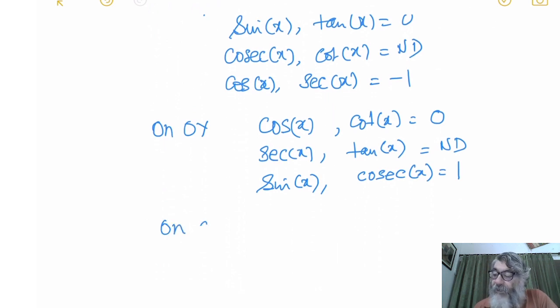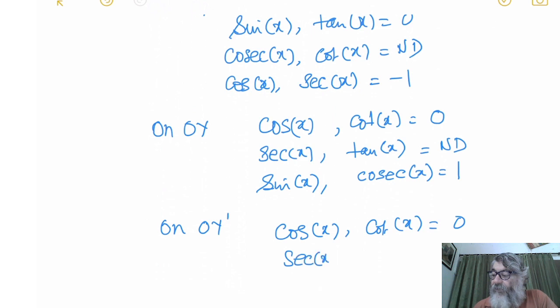On OY dash, cos x and cot x will be 0. Sec x and tan x will not be defined, and sin x and cosec x will be minus 1.